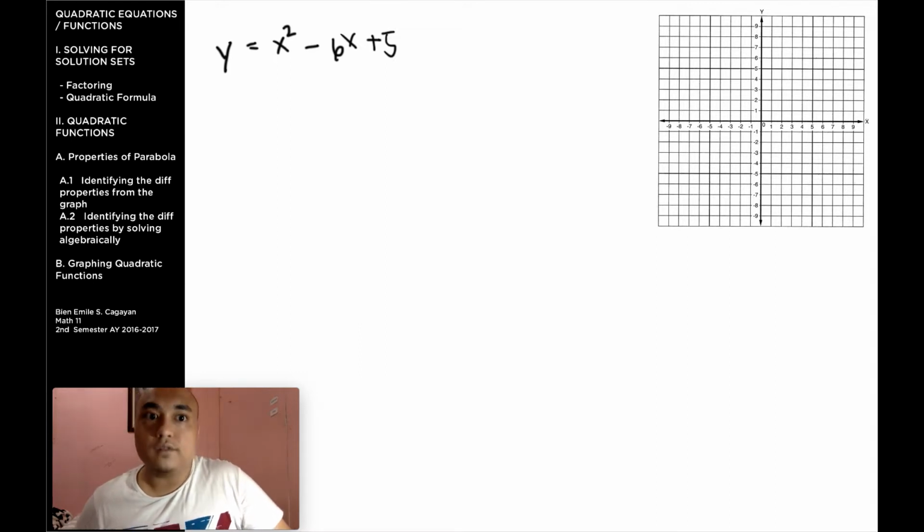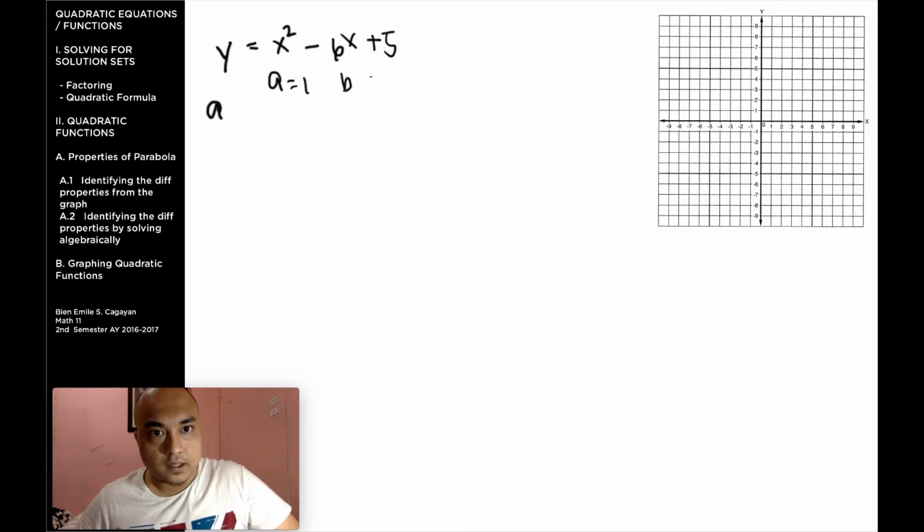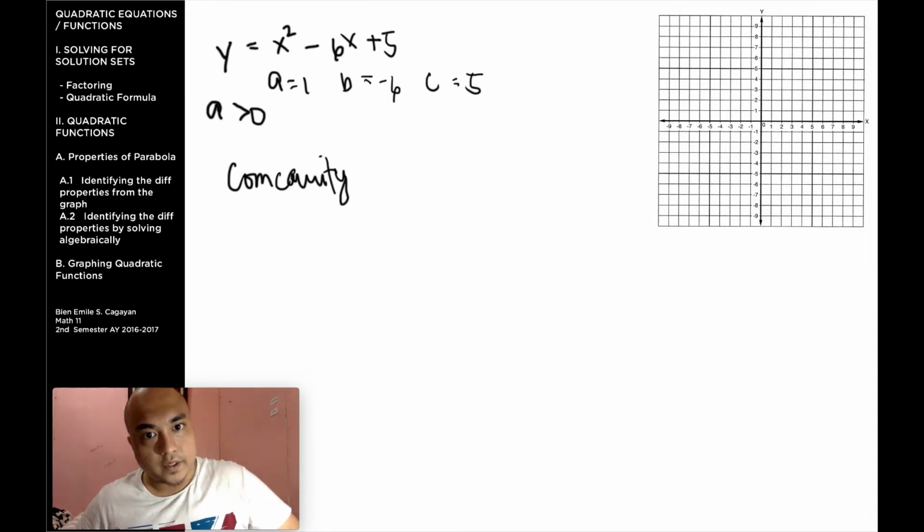First, we have to solve for the vertex, the y-intercept and the x-intercept. We know that when the coefficient a is greater than 0, the concavity is pointing upwards.